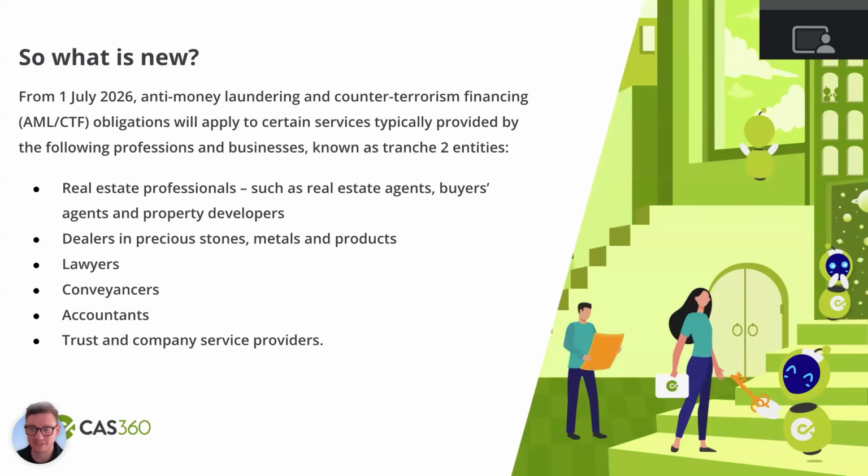Here is a list of the new industries as part of what they're calling tranche 2 of the legislation. This includes real estate professionals, dealers in precious stones and metals, lawyers, conveyancers, and for us, accountants and trust and company service providers. So effectively it is a broadening of the AML Act to capture more industries.